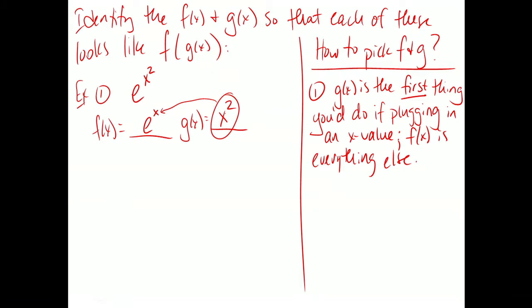So g is x squared, and then if I put x squared into the f function, in other words, I put x squared there, then I would get that. So no matter how you come to it, hopefully this makes sense, that this is the correct setup. This is the correct f and g that actually make my original guy look like that.